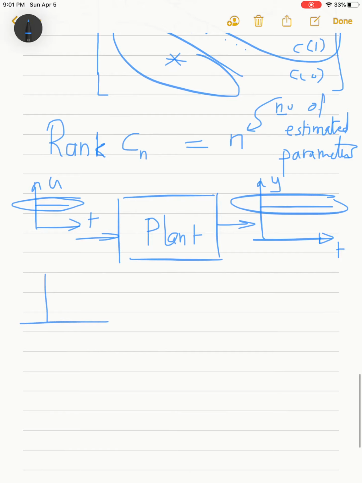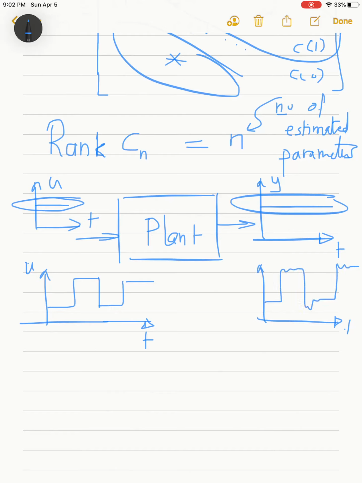Now, how would I go around that? I should actually make some changes in the input. So if the input changes, then I would expect the output to change correspondingly. So for example, I could get something like this. Now these transients reflect the dynamics of the system.